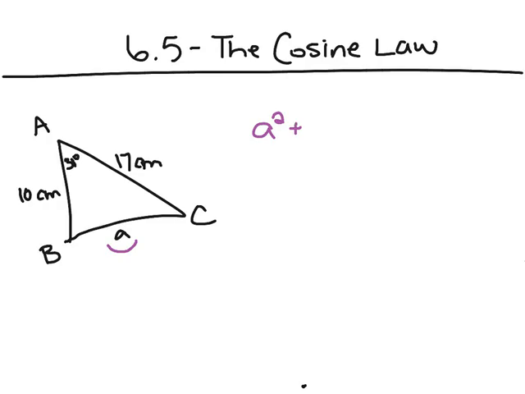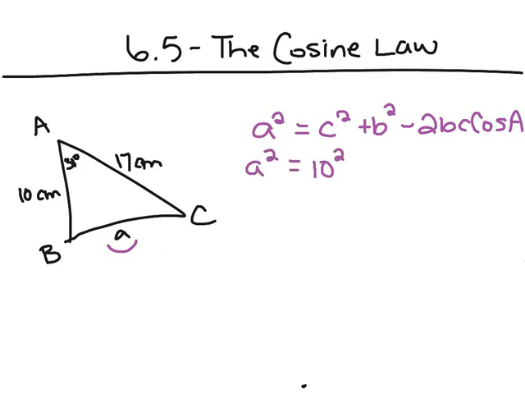So a squared is going to be equal to c squared plus b squared minus 2bc cos of A. So our c is 10, and our b is 17, minus 2 times 10 times 17, cos of our angle, which is 31 degrees.